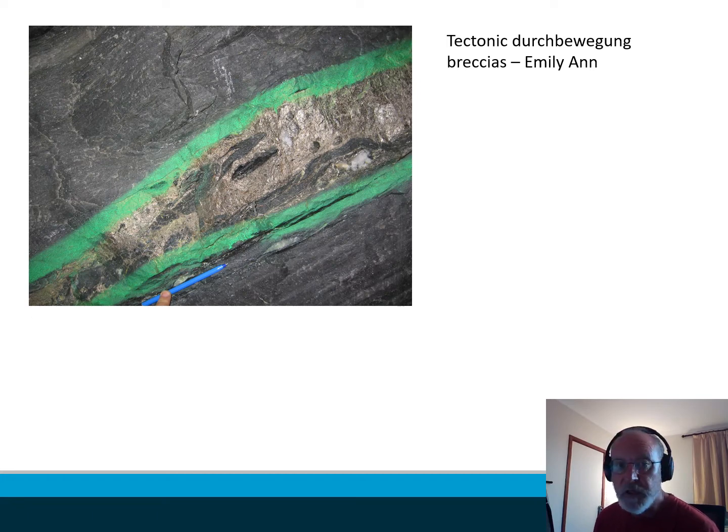Up until we started doing this work, everybody had pretty much concluded that almost all magmatic sulfide breccias were variations of this, that they were essentially all tectonic, and that they were the result of just mechanical incorporation of rock fragments into sulfides during deformation.